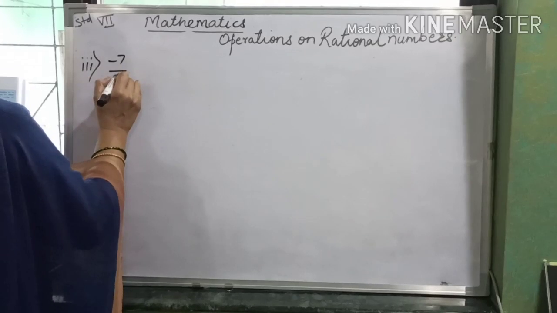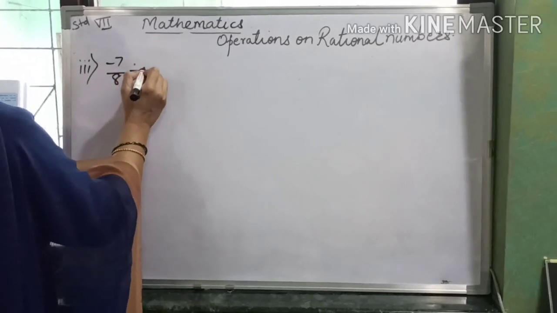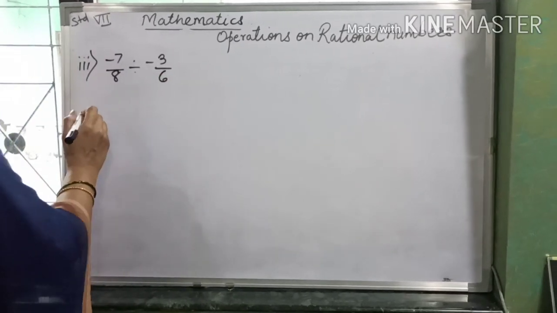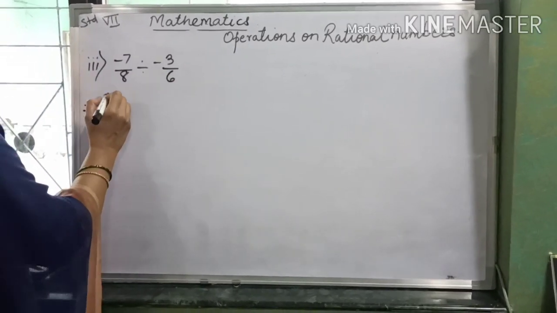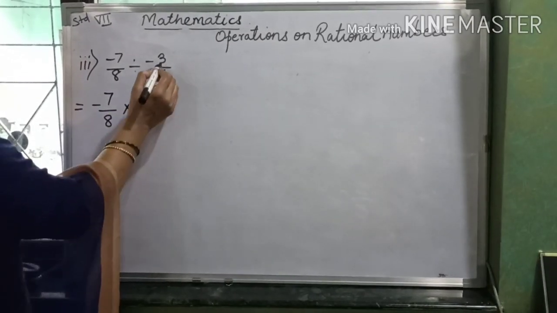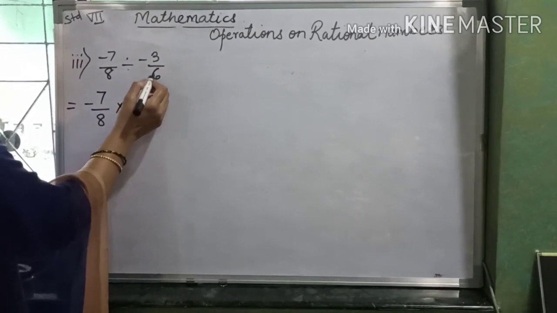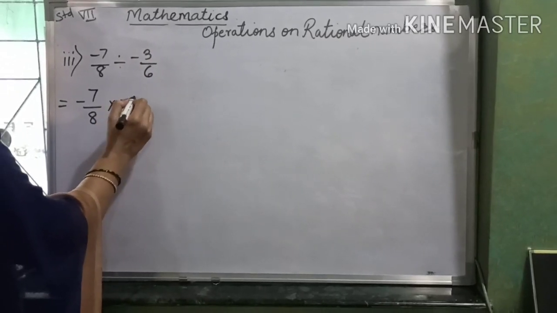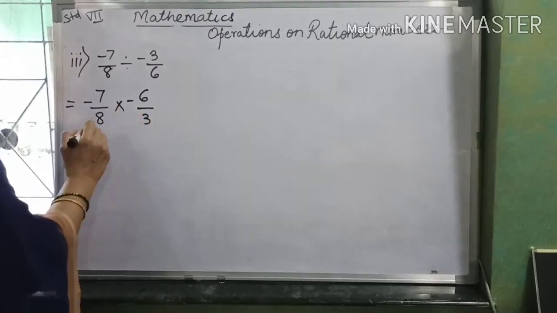Now the third sum we will solve. Minus 7 upon 8 divided by minus 3 upon 6. Now we will do the second step. Here put the multiplication sign and make the reciprocal, or multiplicative inverse, which you have learned. So minus 6 upon 3.